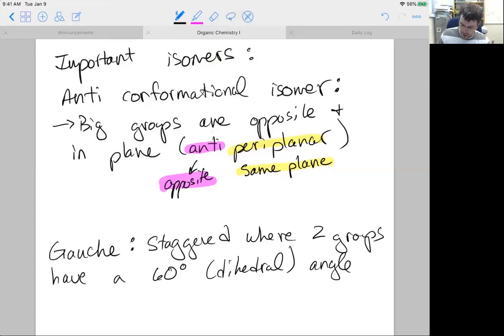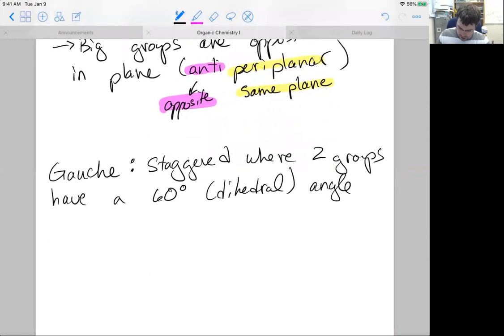Now, dihedral is not anything too complicated, and we're not going to have to predict dihedral angles, but all it's saying is that if you've got something attached to the front and something attached to the back carbon, they may appear based on perspective to be only 60 degrees separated.